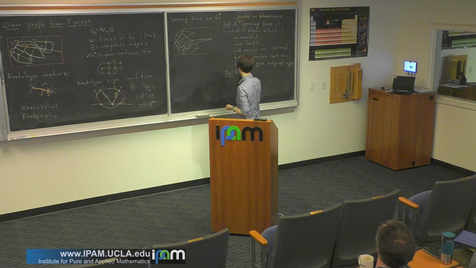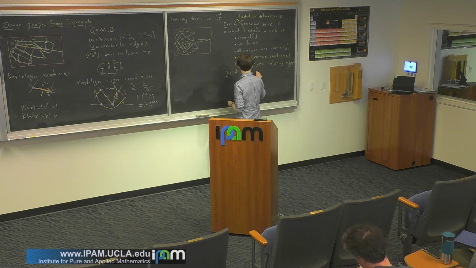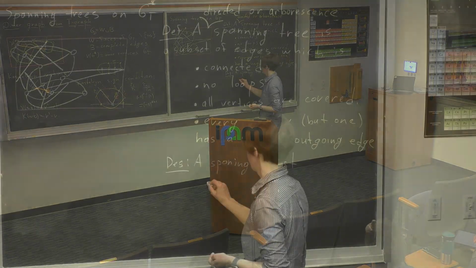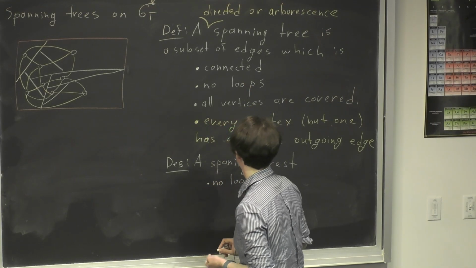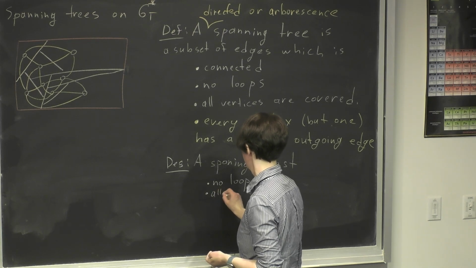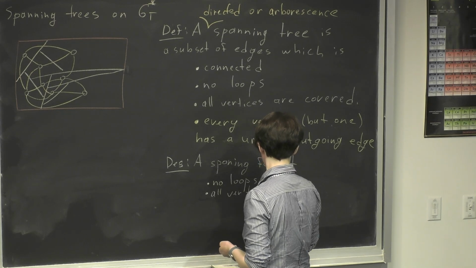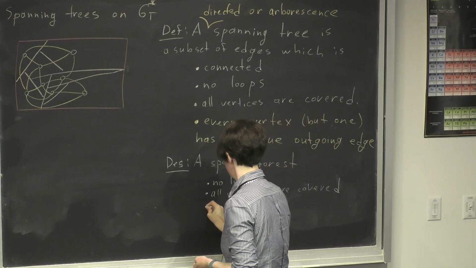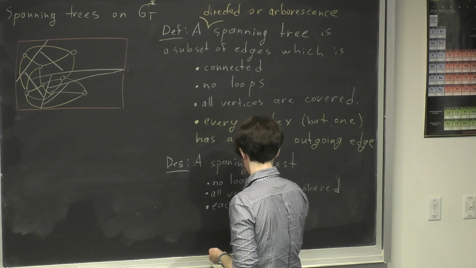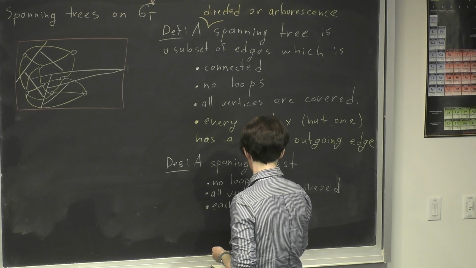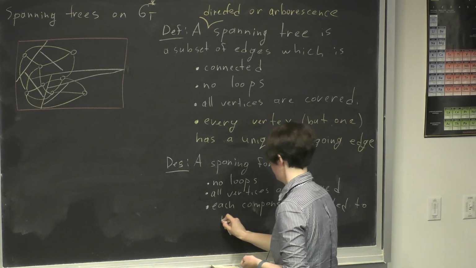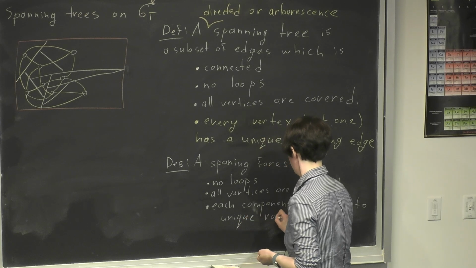And then we also can define a spanning forest. So this is again a subset of edges such that there are no loops, all vertices are covered, and each component is connected to a unique root vertex.